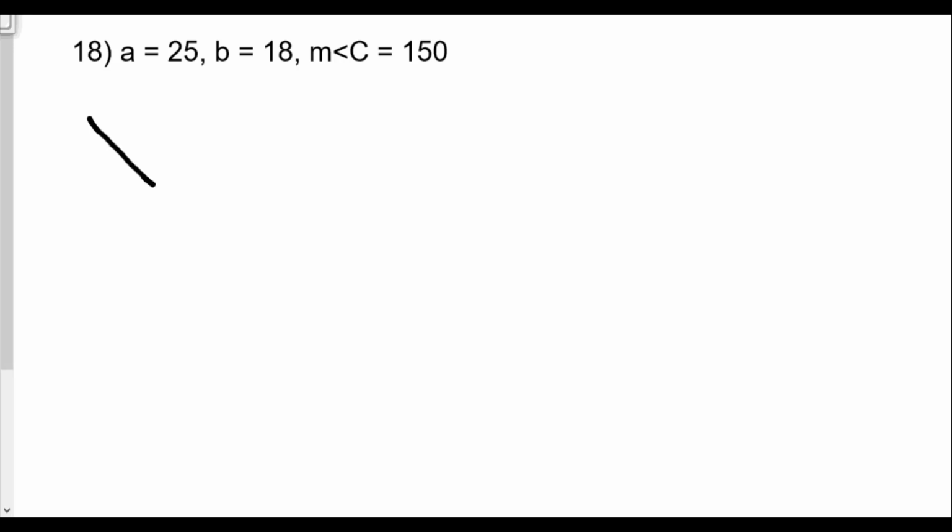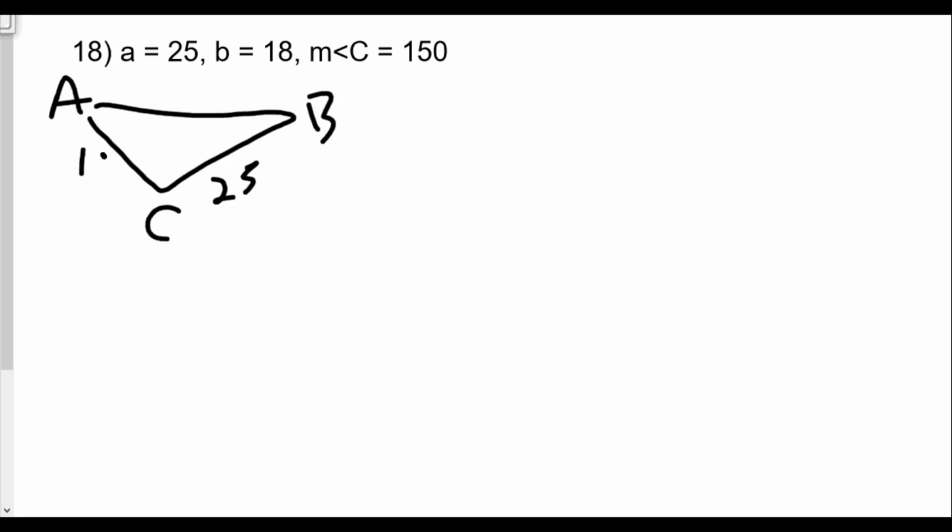And so here, in this case, here is C, and this is A, and here is B. 25, 18, and 150. The idea is that we're going to use law of cosines. Without being asked to find C, we know in this case that there's one possible triangle.